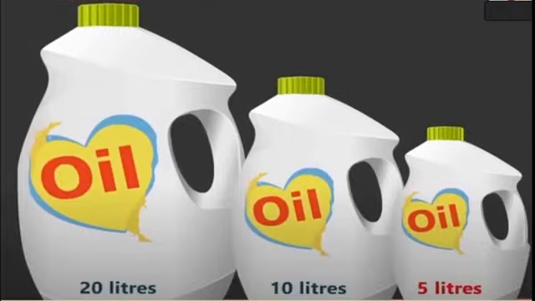Now you can see here oil cans. First one is of 20 liter capacity, second one is of 10 liter capacity and the last one is of 5 liter capacity. We see all these in the markets, isn't it?